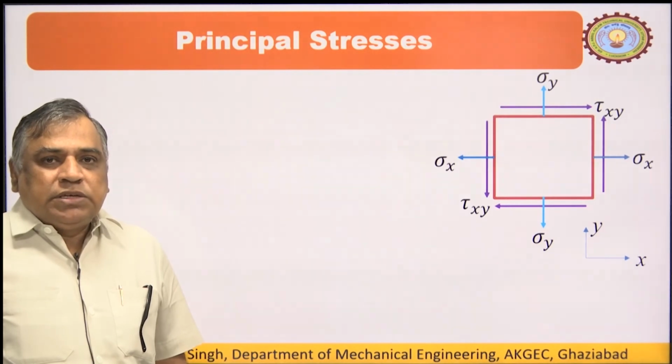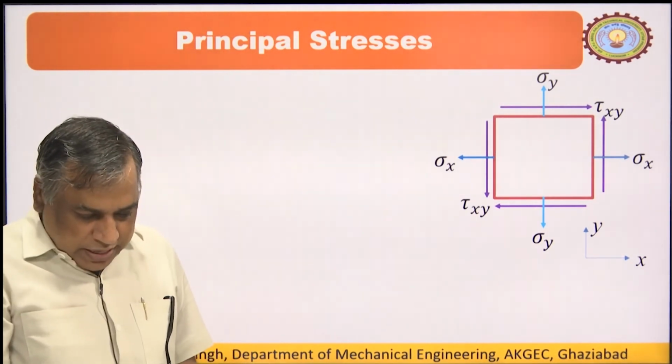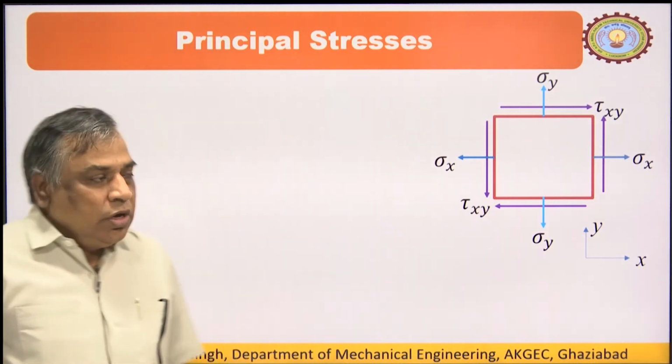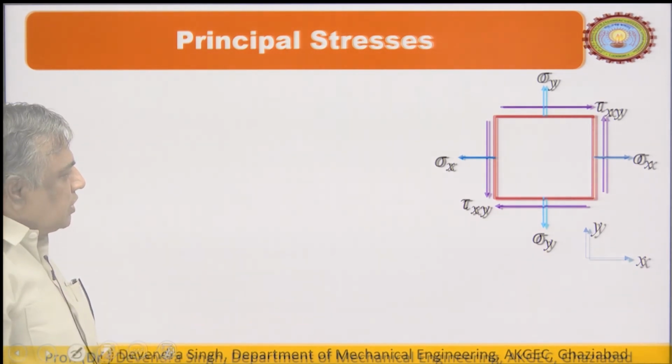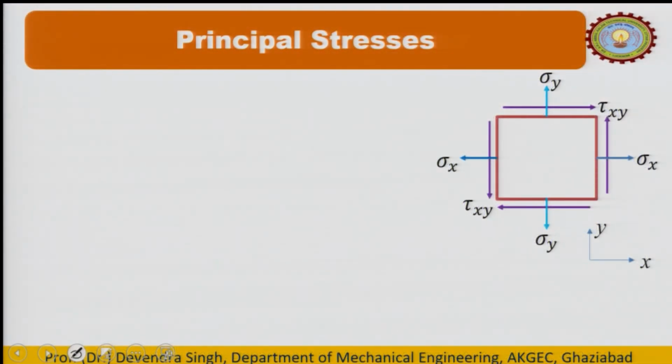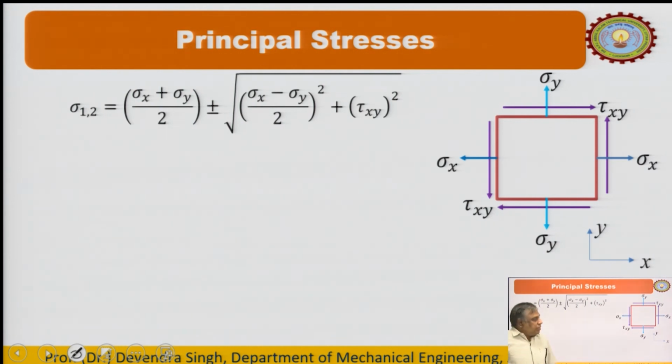Now the principal stresses are the normal stresses at the planes where the shear stresses are 0. This is the case I have presented here for the biaxial state of stress. It has sigma x, sigma y as normal stresses, and tau xy as the shear stress. Then the principal stresses formula is given: sigma x plus sigma y by 2 plus minus under root of (sigma x minus sigma y by 2) whole square plus tau xy square.